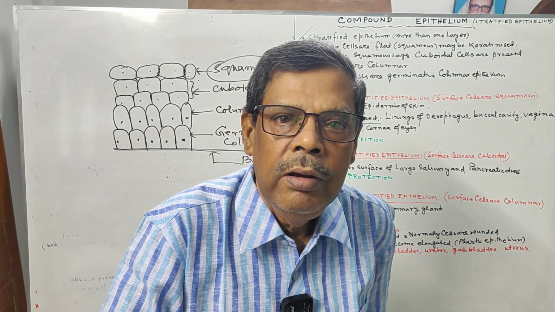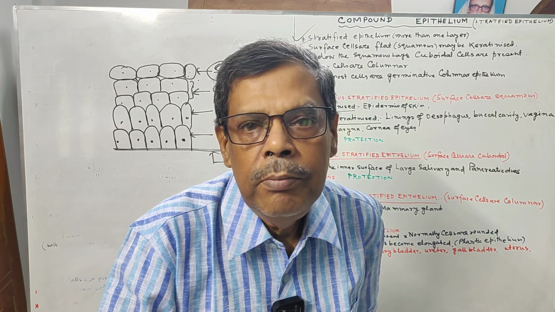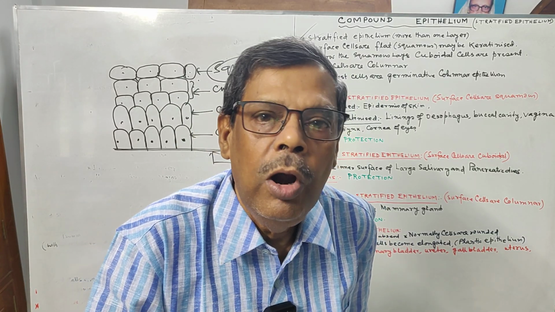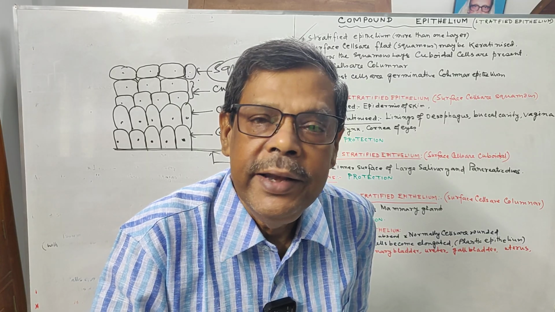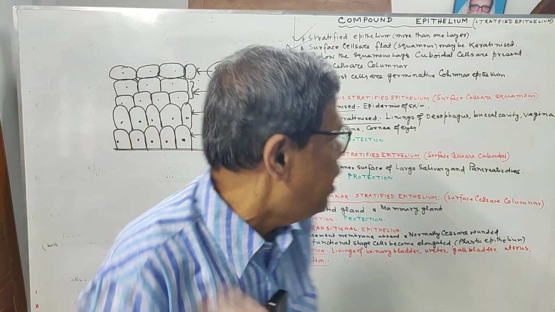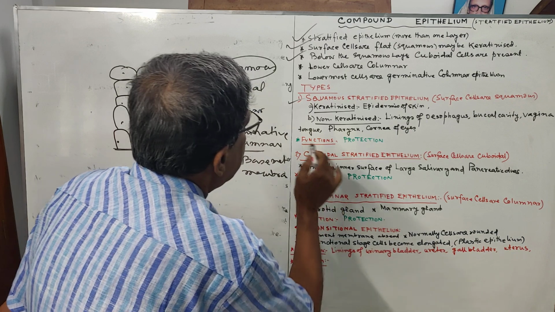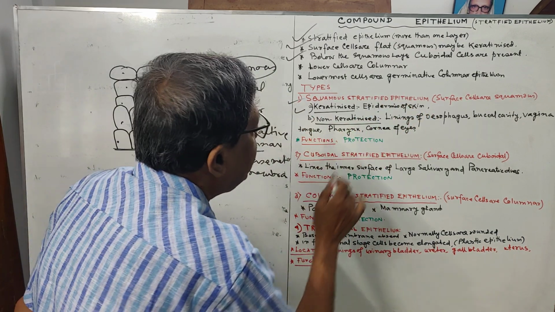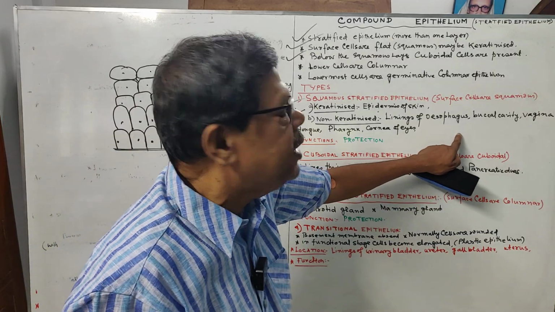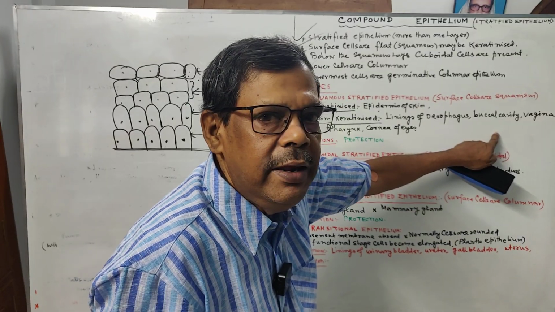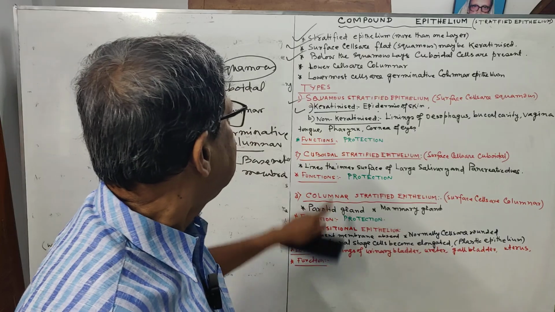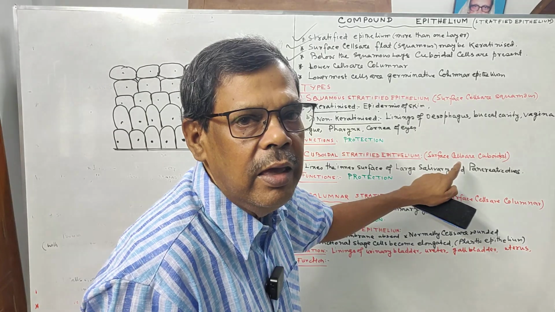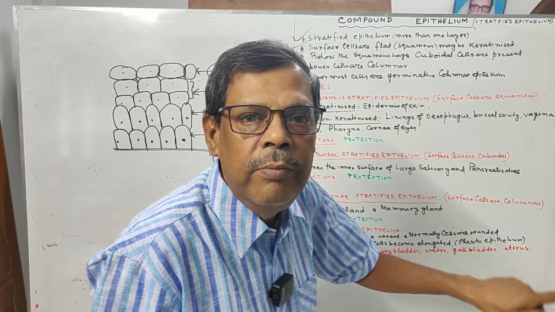Another kind, where keratin is not found, is called non-keratinized squamous epithelium. Keratinized is found in the epidermis of skin. Non-keratinized is found in linings of esophagus, buccal cavity, vagina, tongue, pharynx, and cornea of eyes.